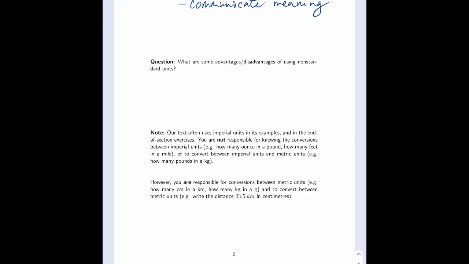Advantages, disadvantages of using non-standard units. The disadvantages are obviously it's hard to communicate to others. But advantages, for younger children especially, often in elementary school, it will give them a sense of involvement if they get to choose the unit that's being used to measure something else.